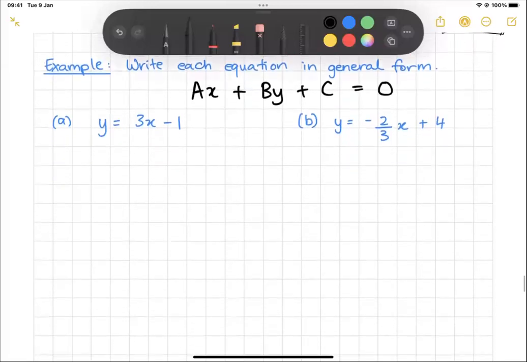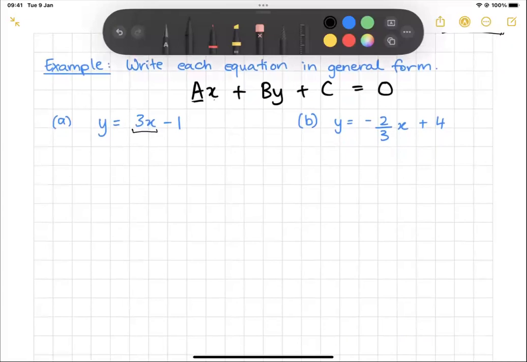So I'm going to double check. My A is basically the number next to the x. The number next to the x in y equals 3x minus 1 is 3x. Is 3x positive? Yes, it is. If it is positive, leave it there. Do not move it.